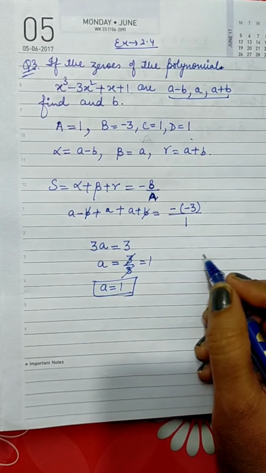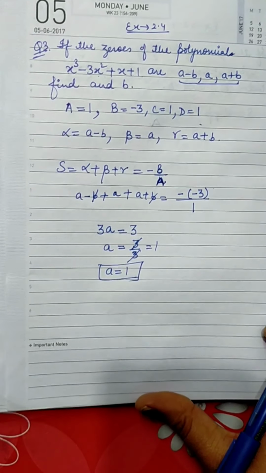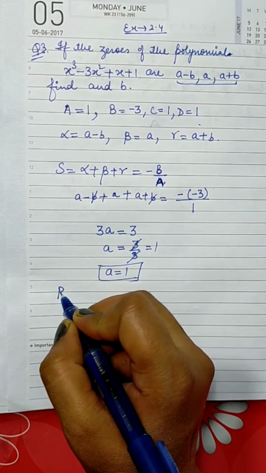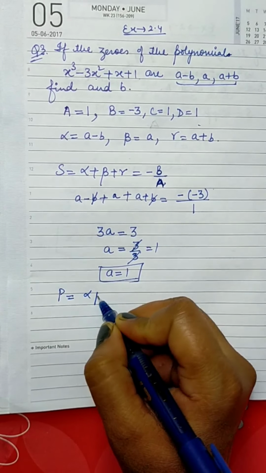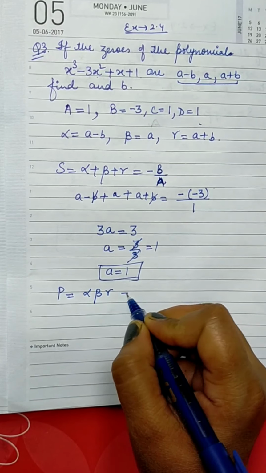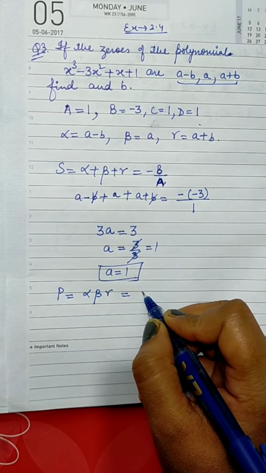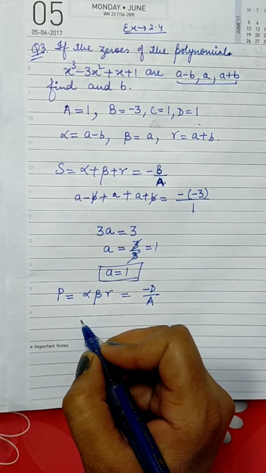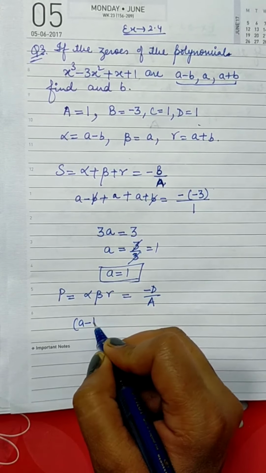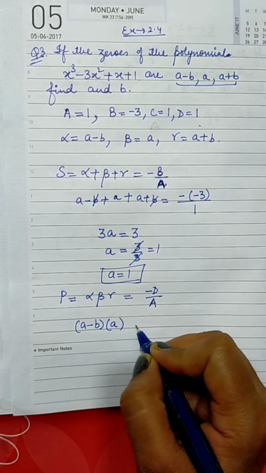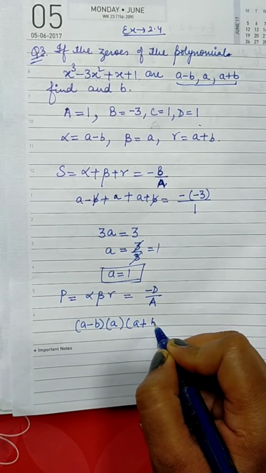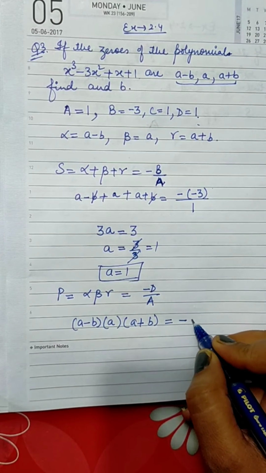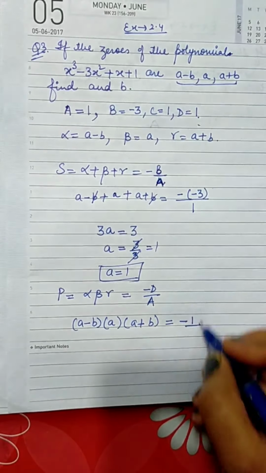So one of the values we got here. Let's find out the other one. You can use s dash as well, but I'm using the product because I find it easier. So I'm taking this value, alpha beta into gamma, which is equal to minus D over A. So alpha is a minus b, beta is a, and gamma is a plus b, and minus D is minus 1 over 1.